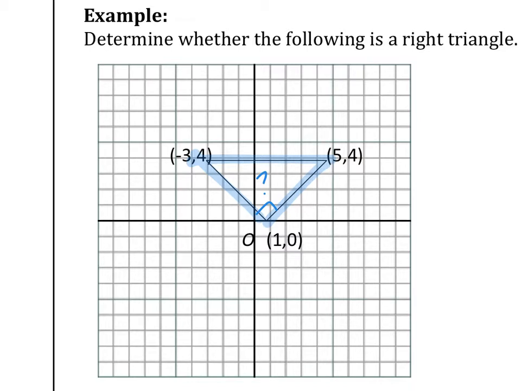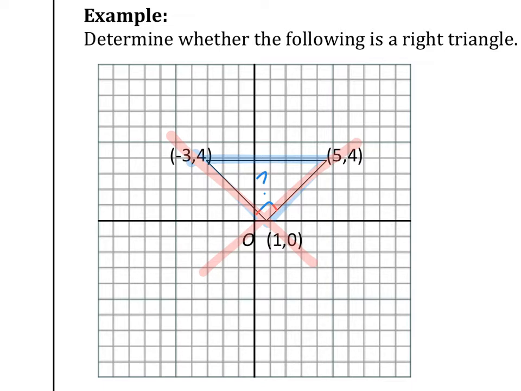Okay, Caleb and Trey, what do you guys say? You do the slopes, as in if they're opposite reciprocals. Ah, very good. You can check the slope and see if they're opposite reciprocal. Right? Because if they are perpendicular, then you create a right angle. Right? Is there another way to do this?